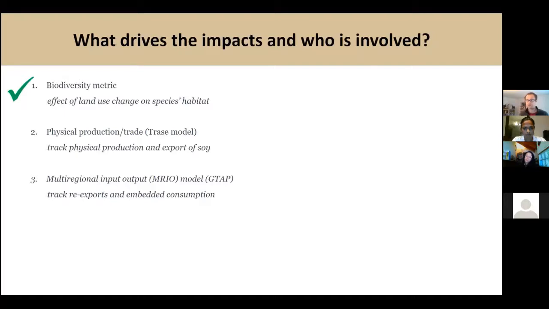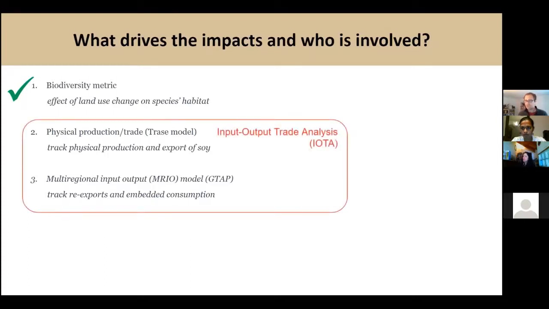So the first is the physical production and trade of a commodity, in this case soy, and we have implemented this using the TRACE model, but it could be other material flow accounts. And then the second step is to link that to a multi-regional input-output model. And again, in this case, it's GTAP, but it could be any MRIO. You will hear us referring to these two bits as IOTA.